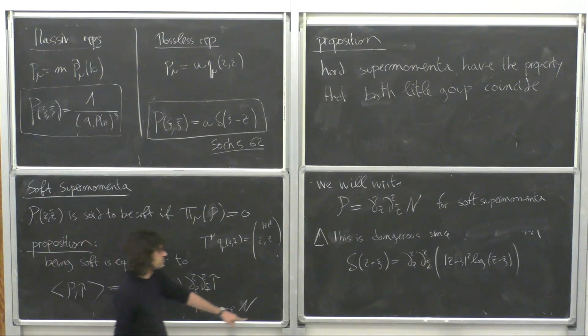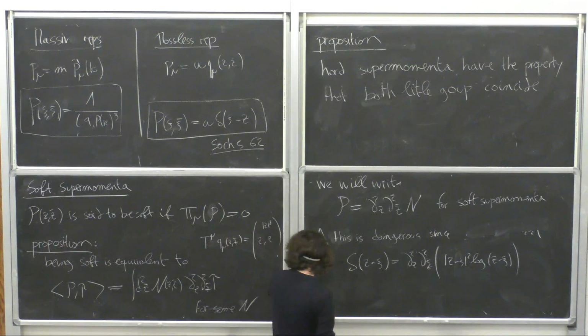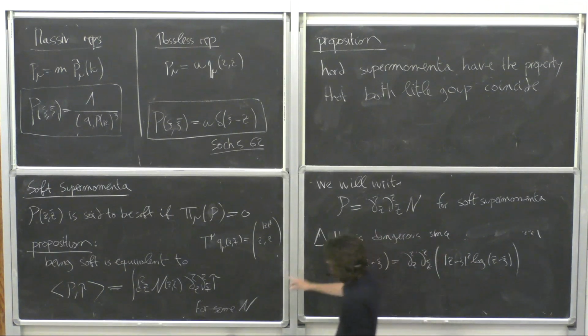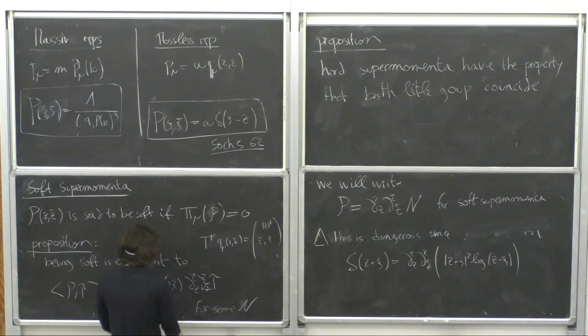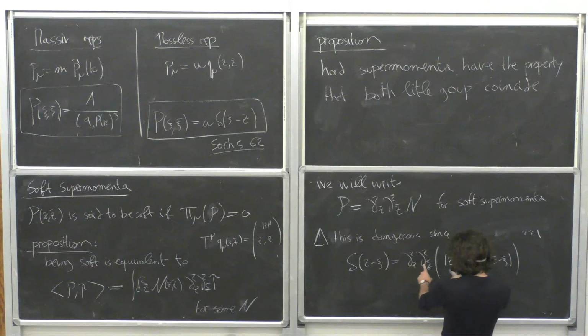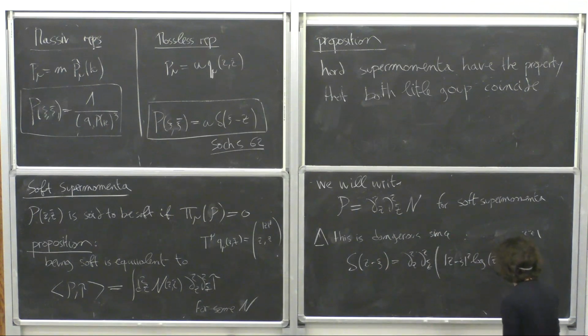Because the delta function against 1 is 1, and this annihilates constants. So these notations are slightly dangerous. You have to be careful about what you mean. I always mean this, that I have a distribution which plays like this. The delta function is never a distribution like this. This is not a distributional equality. There is a sense in which this equality is correct, but not as distributions.